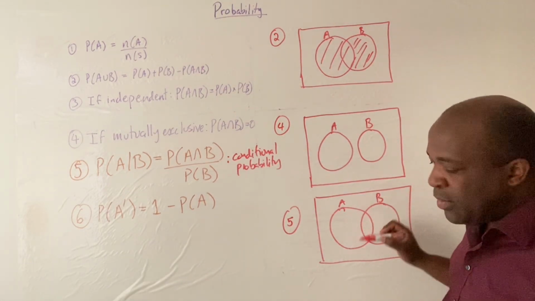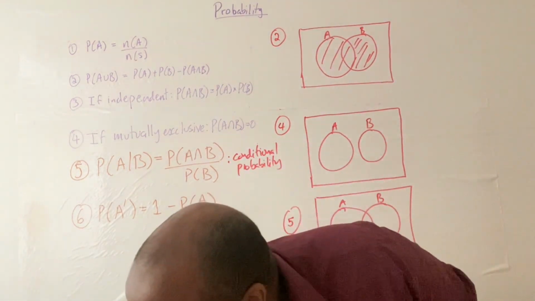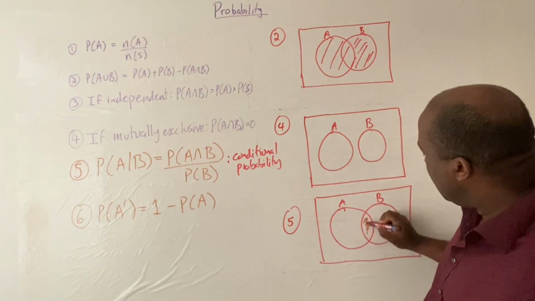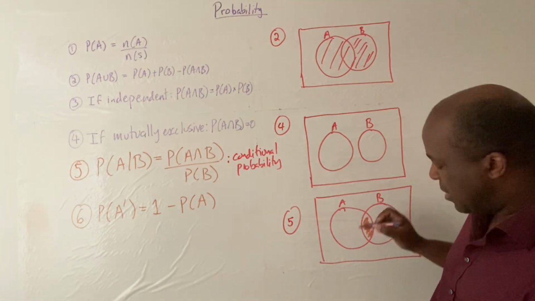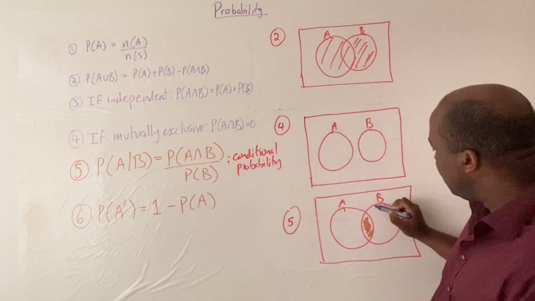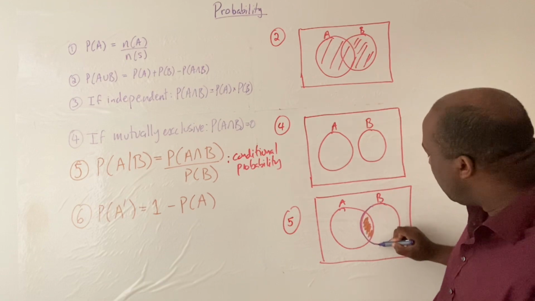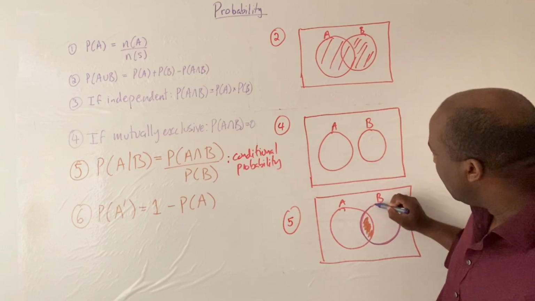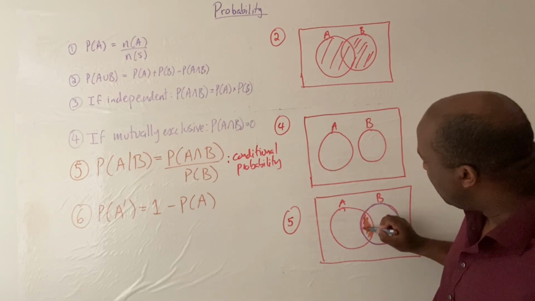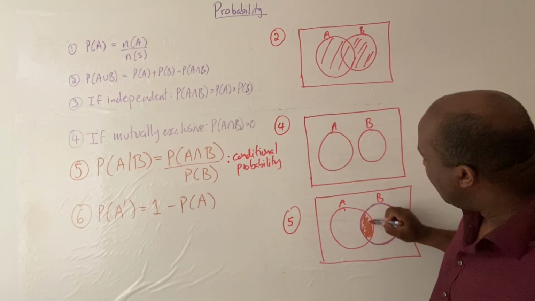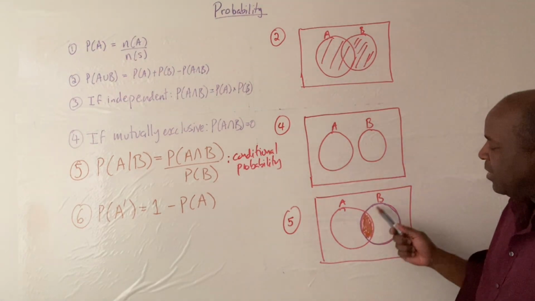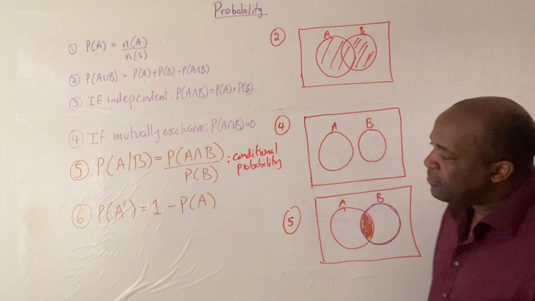So what we're trying to do is look at this shaded region as a fraction of the entire set B. We're restricting our attention to just B, and we're looking at the overlap, which is a part of A and a part of B. So what is the overlap as a fraction of B?